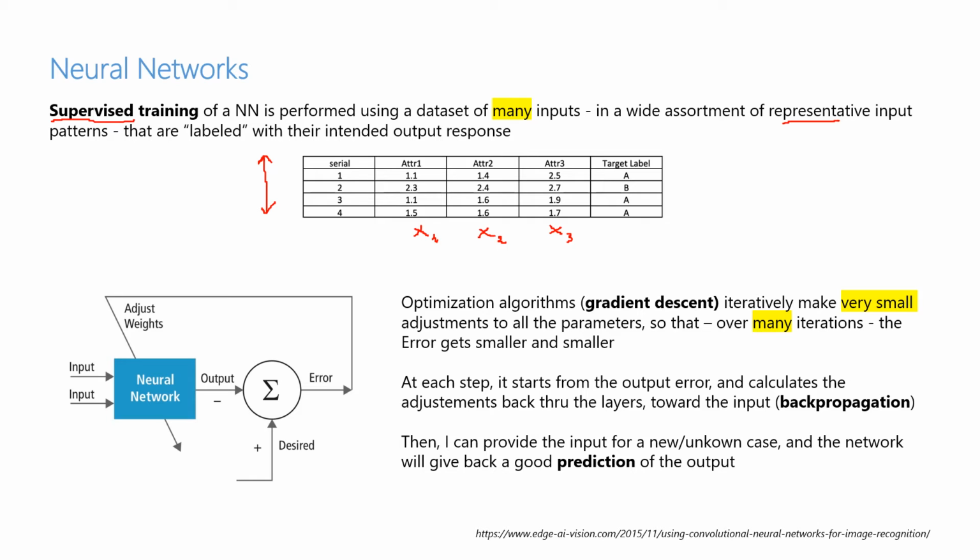And also we must know what was the actual true, correct value of y, of the output, for that particular case. So from this history, the network will be able to learn using a process that we see here drawn in the lower left.